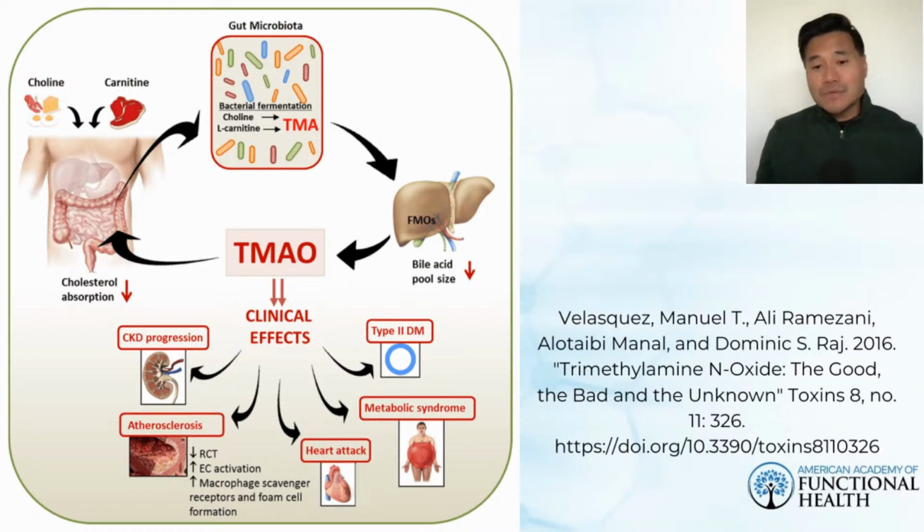And what happens with TMAO is that long-term exposure was found to be associated with an increased risk of cardiovascular diseases and atherosclerotic plaque by reversing cholesterol transport, and it forms foam cells, and then there is accumulation of cholesterol in the macrophages.